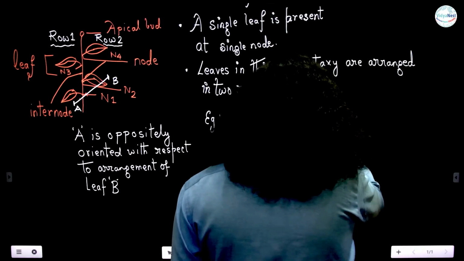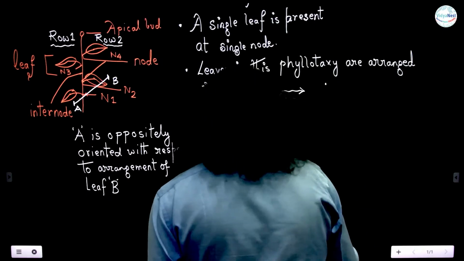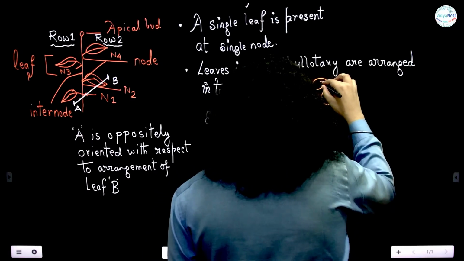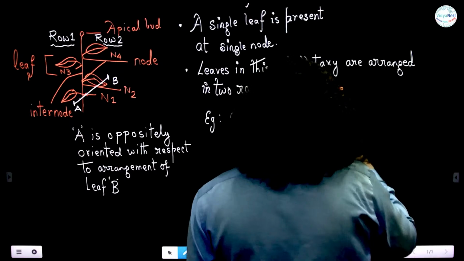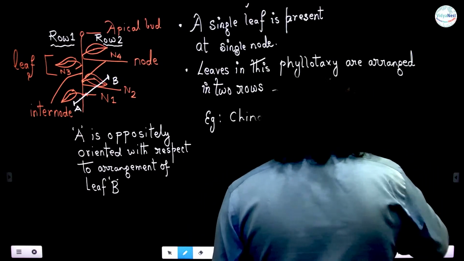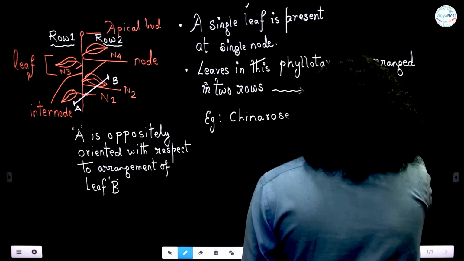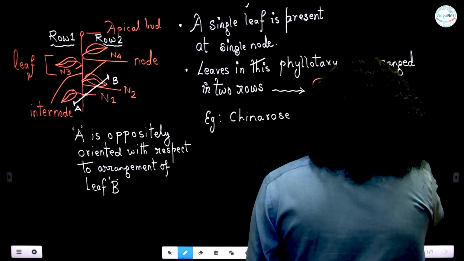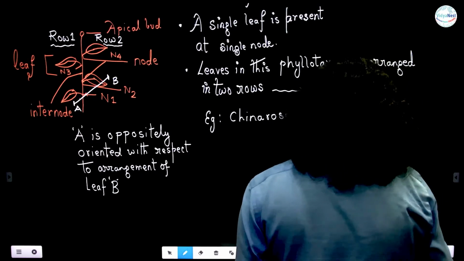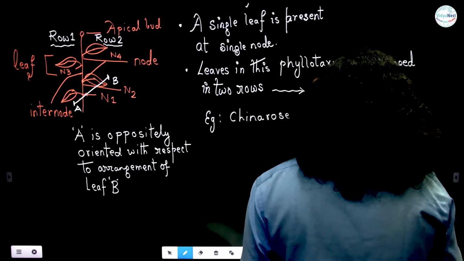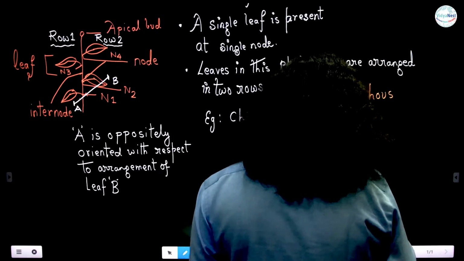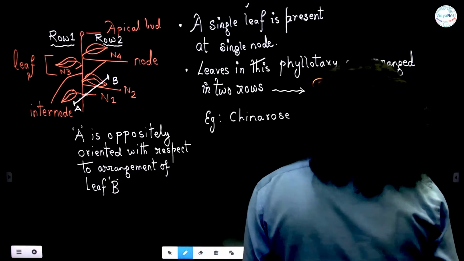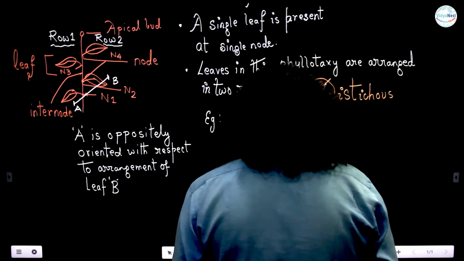So I can write it over here. This type of arrangement is known as distichous arrangement. You can also call it distichous or distichus arrangement, whatever pronunciation you feel is easy for you.